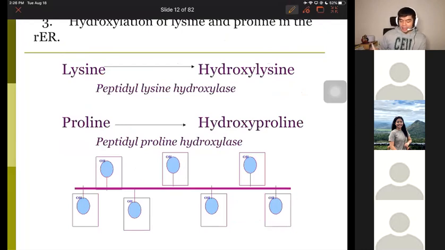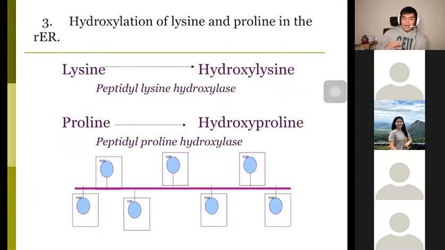Moving on. So imagine nyo ha, nagawa ang pre-pro-alpha chain at yung driver, ginaid siya papuntang rough ER. Pagpasok ng rough ER, natanggal yung driver. So ang natira, pro-alpha chain. Kaya nasa loob na ng rough ER yung pro-alpha chain. Now, anong nangyayari dyan?